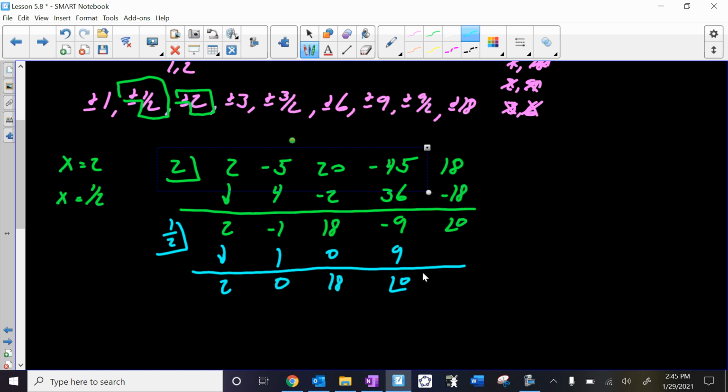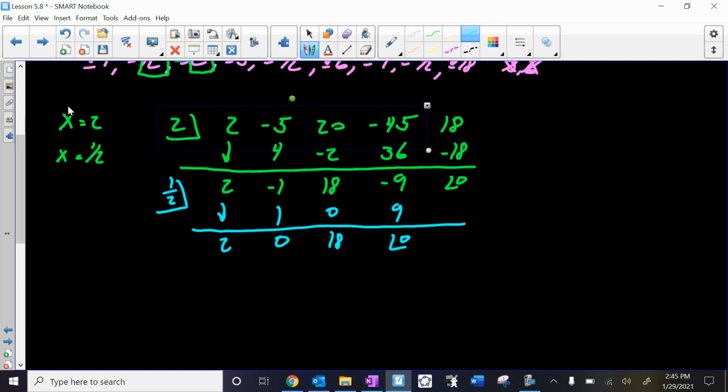So I want to take our zeros, and we're going to write them as factors. So if we say one of the zeros is x equals 2, the factor of this would be x minus 2, because I would subtract 2 over to get it equal to 0. For the x equals a half, we have to do a couple steps. I'm going to subtract it over first.